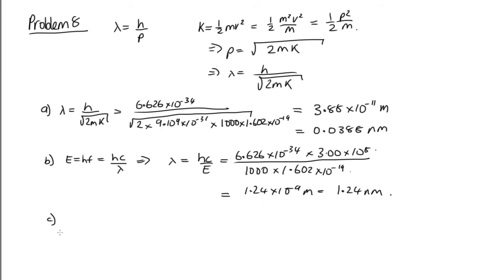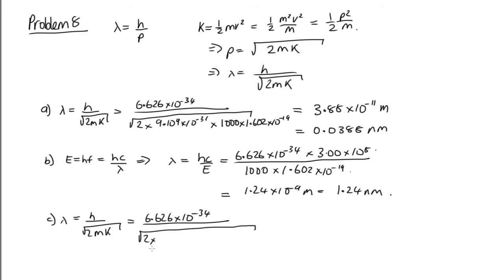And then C, we've now got a neutron with the same energy. So a neutron again has mass, so we're going to use this equation again. So lambda is equal to h over the square root of 2mk. So that's equal to 6.626 times 10 to the minus 34 over the square root of 2.